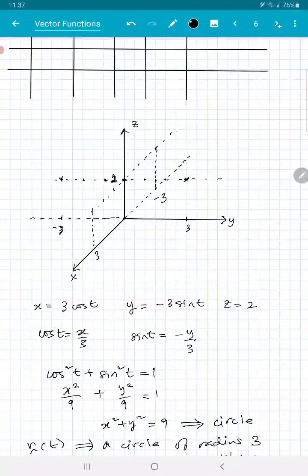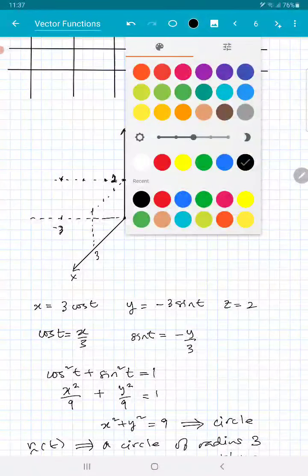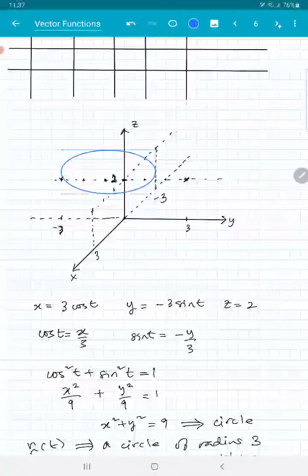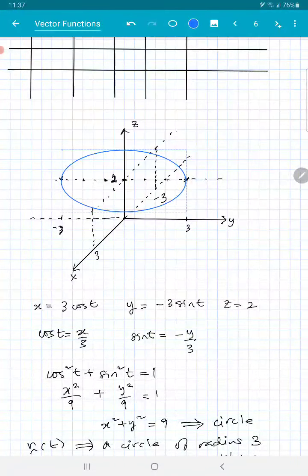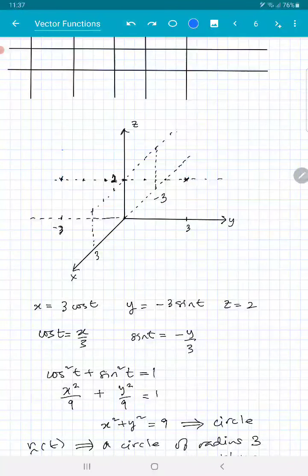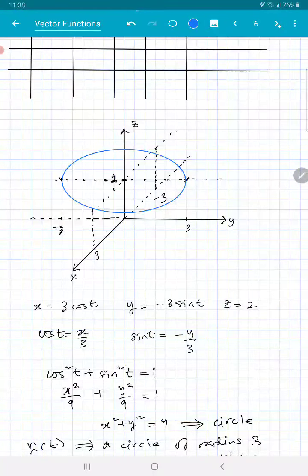And then we're going to sketch a circle. I'm going to use blue. Okay, so we have a circle of radius 3. Not quite there. Okay, hang on. Let's see here. Still not. How about now?